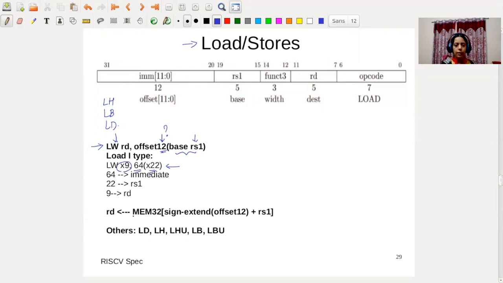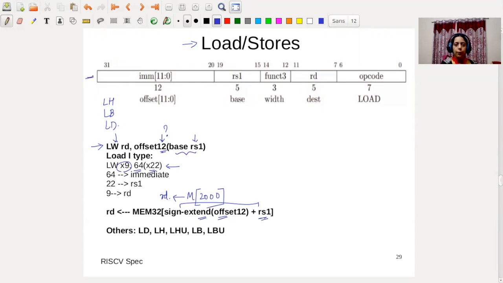So the way this works is you're going to take the offset, sign extend the offset, add that to the content of RS1. So for example, if this entire content is 2000, then you're going to go to memory location 2000 and then get the content of the memory location 2000 and store that in the register RD. In this case, store that in X9.